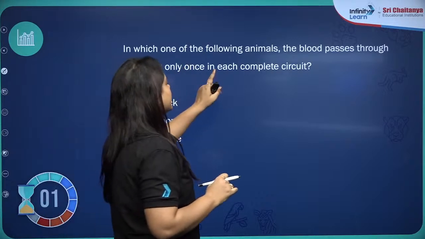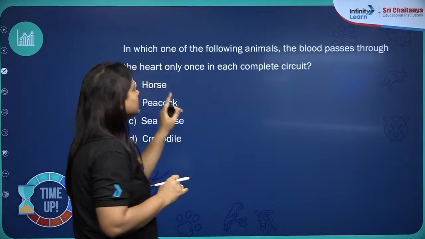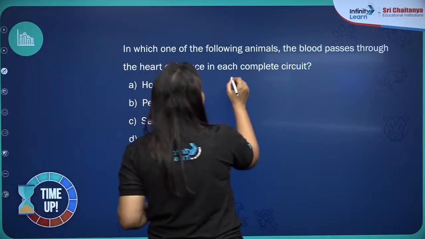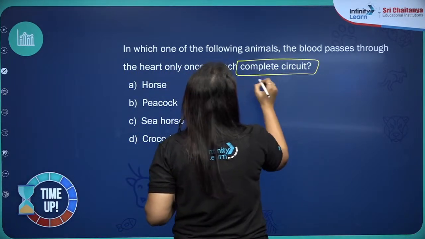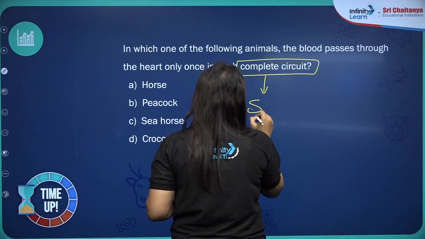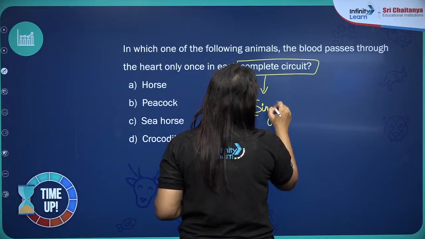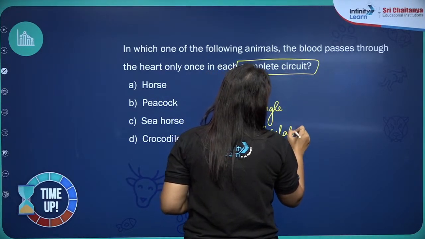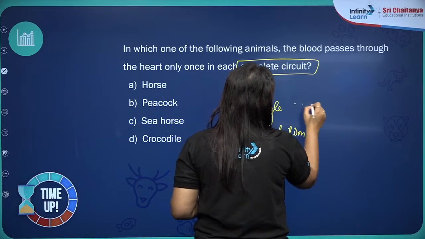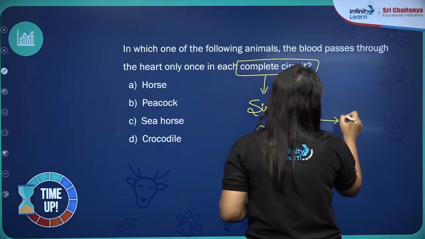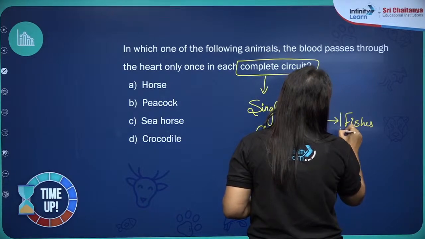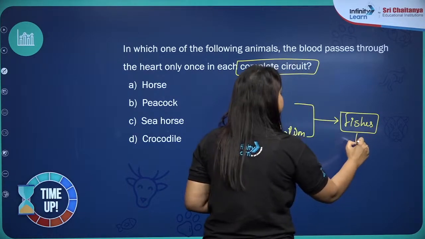In which of the following animals does the blood pass through the heart only once in each complete cycle? This type of circulation we call single circulation. This is seen in fishes, because they have a two-chambered heart.